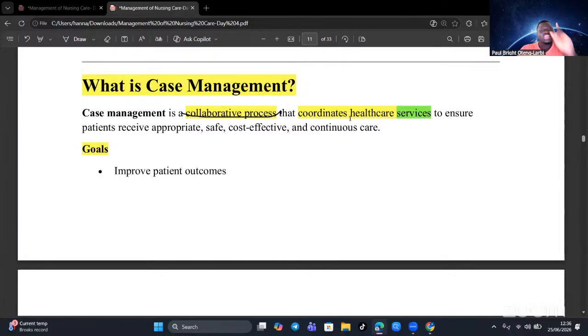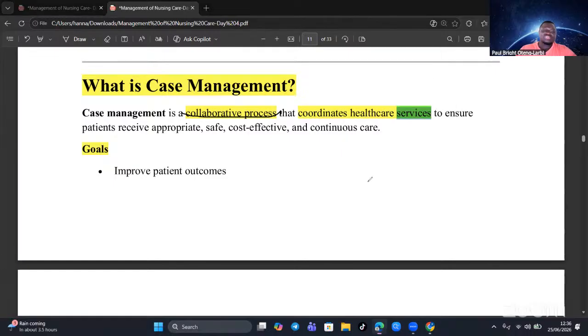Take note. It coordinates healthcare services. They don't coordinate the health workers, but the services. So a patient has come to the hospital. What are the services in the hospital?